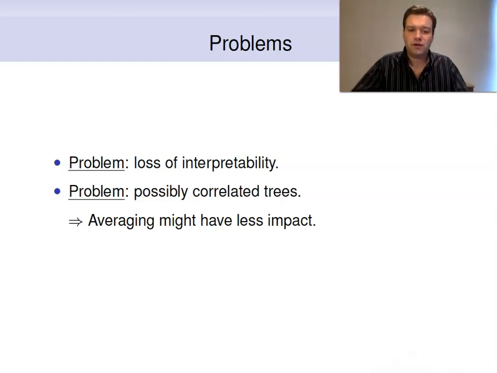They are positively correlated, and we know the variance of an average of random variables. This is the sum of the variances of the different variables divided by the number of variables squared. But also, in this formula, we have the covariances between the different variables that appear.